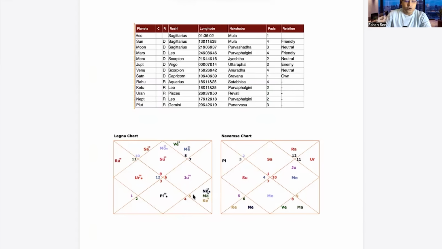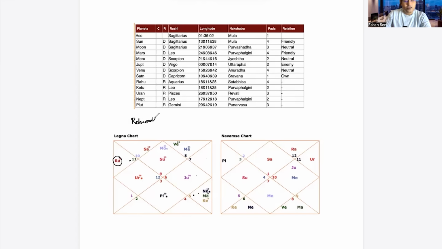Ketu is in the sign of Leo, and Rahu in the sign of Aquarius, Rahu in Kumbh and Ketu in Simha. Now, let's move in the zodiacal pattern. This is Ketu, then Jupiter, then blank, then Mercury, Venus, Moon, Sun, Saturn, and then Rahu. So you can see the end point of this is what? It's Rahu.